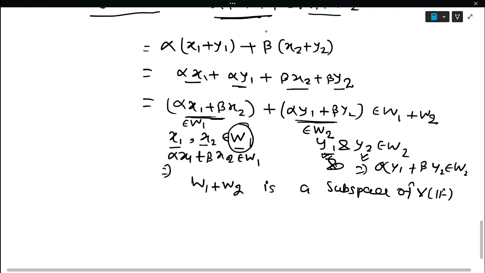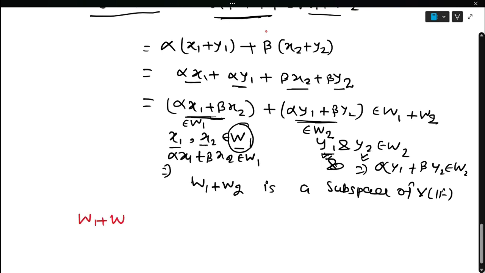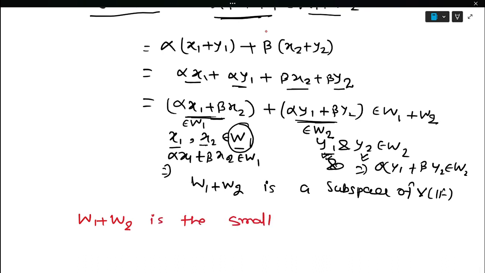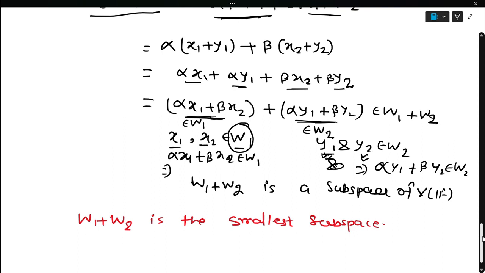Now we will prove that W1 plus W2 is a subspace, and it is the smallest subspace. What does smallest subspace mean?